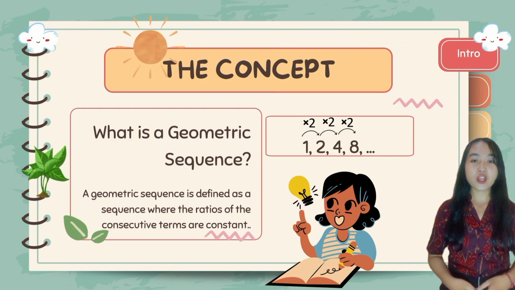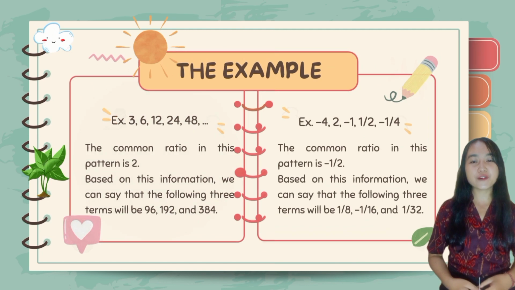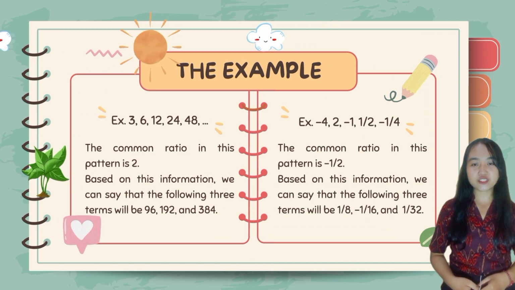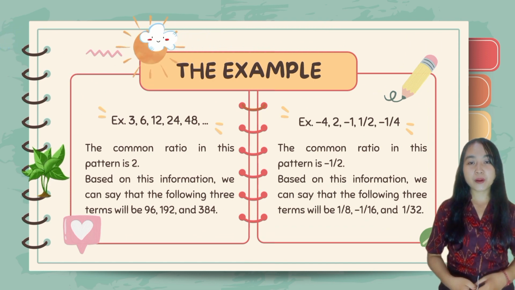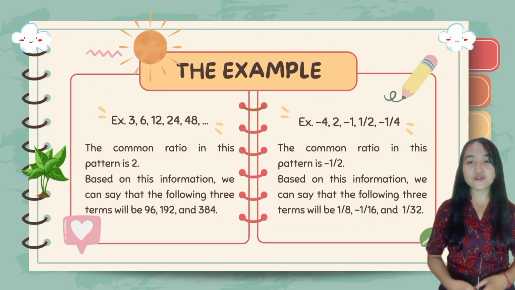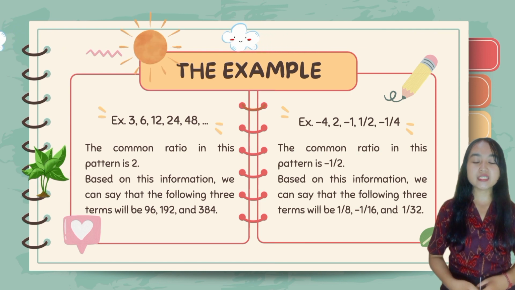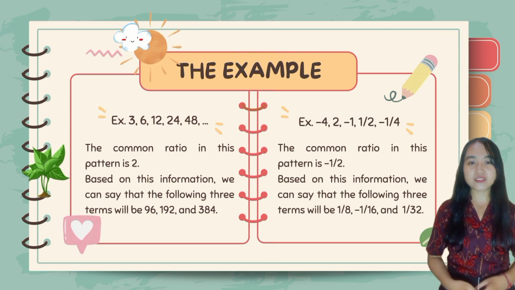Let's see another example of a geometric sequence. The first example is 3, 6, 12, 24, 48, and so on. The common ratio in this pattern is 2. Based on this information, we can say that the following 3 terms will be 96, 192, and 384.